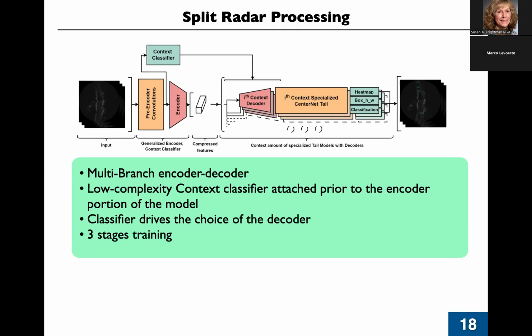And this allows you to essentially tune the compression better, and you achieve a much better compression or a lower complexity compared to just a general encoder. Okay, so we are moving with it, and you see there is something called a context classifier that takes essentially the output of some intermediate layer of a first portion of a model, detects the context, and then decides what to do.